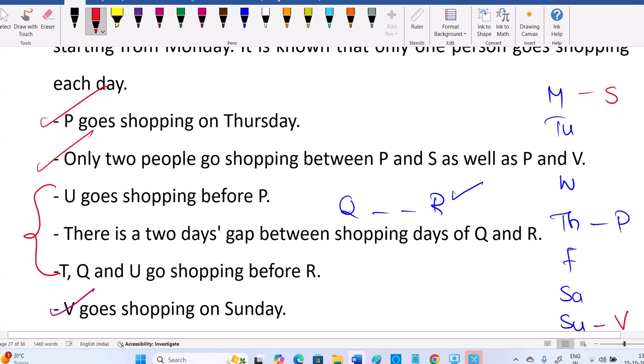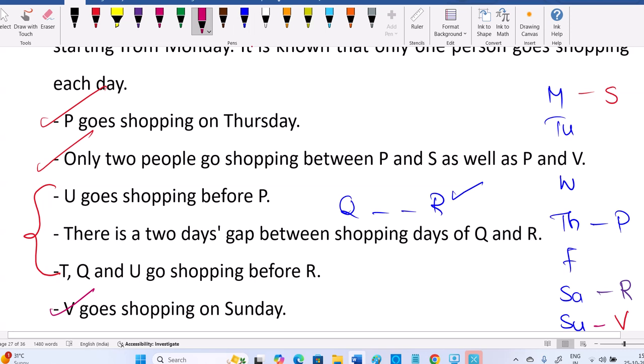Then definitely R is after P only, right? It can be Saturday or Friday, because I can put T and U before P. There are many possibilities. Saturday is mentioned, so Thursday, fine. Okay, R is on Saturday. One possibility, yeah, Friday also we can try.